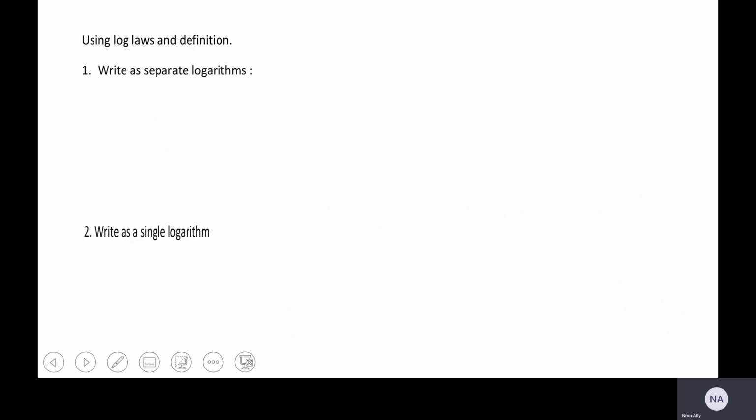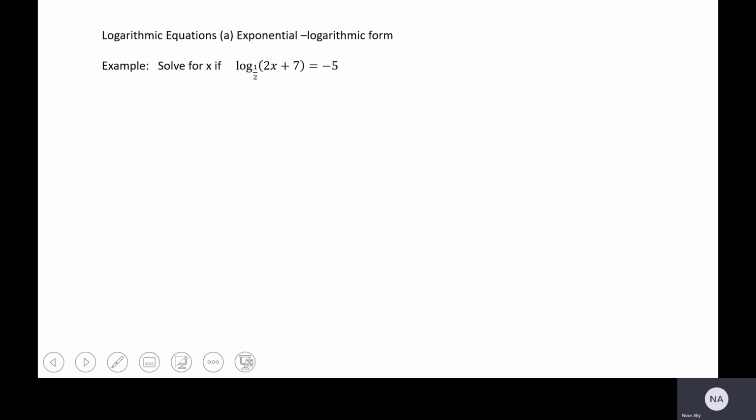Right, now with that in mind, let's go on to log laws and definitions. We've already discussed this. Writing as separate logarithms, we've already discussed this. Write as a single logarithm. So now we're going to use these concepts, these laws of logarithms, to solve logarithmic equations.